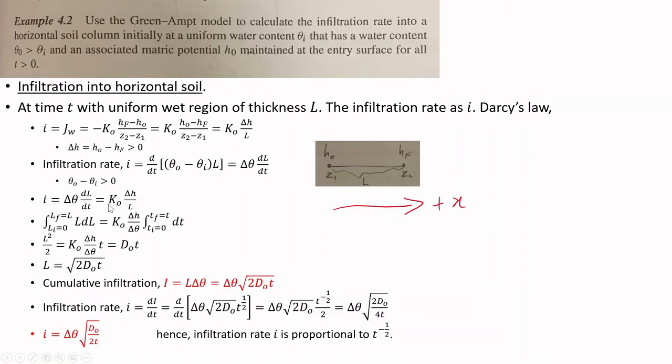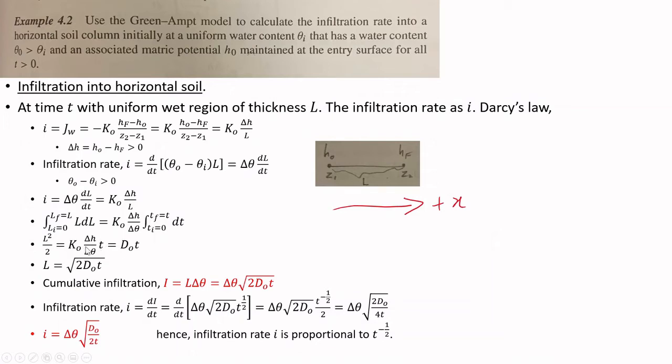Now you can rearrange this equation and integrate from time 0 to time t, and from 0 to the length L. So you have L squared divided by 2 equals K naught multiplied by the difference of H over the difference of water content, multiplied by time.